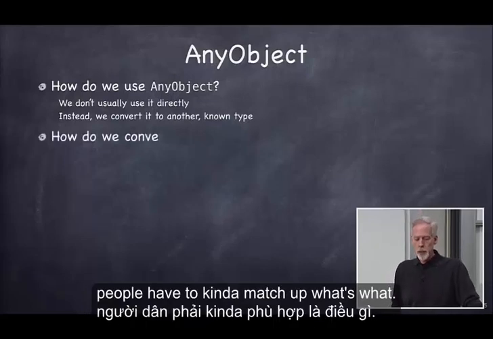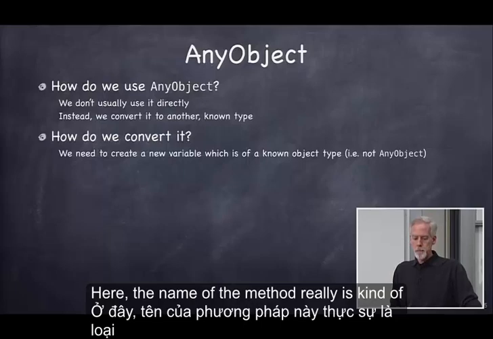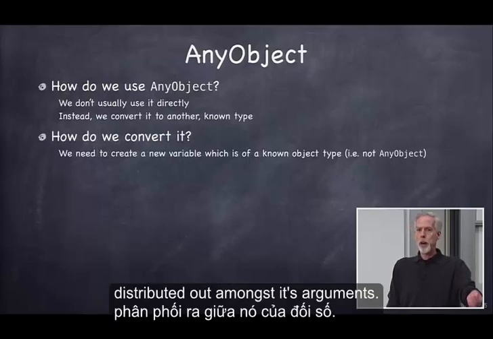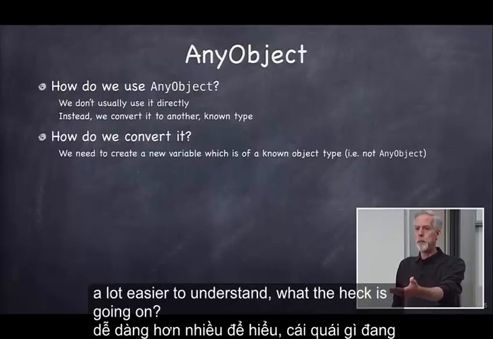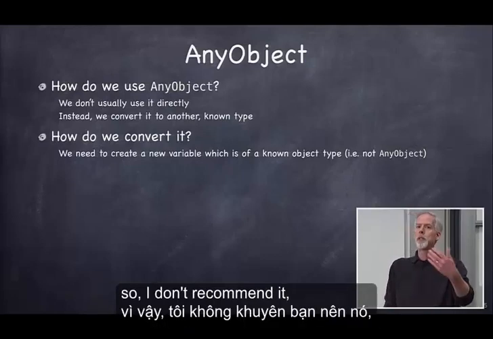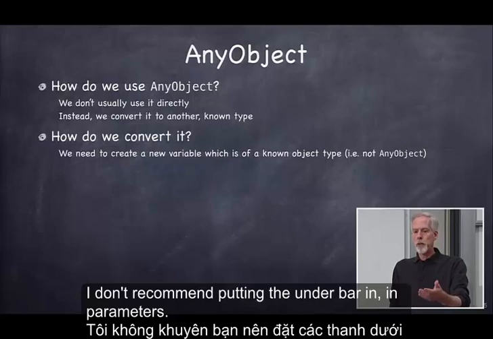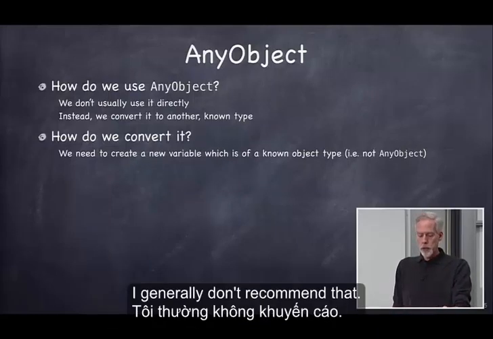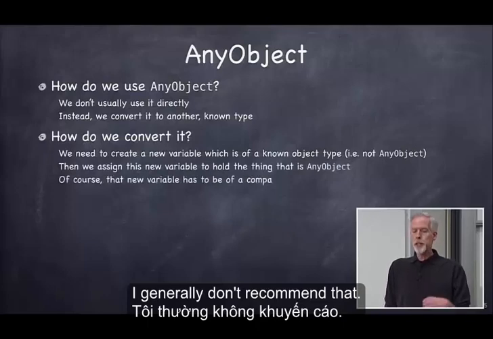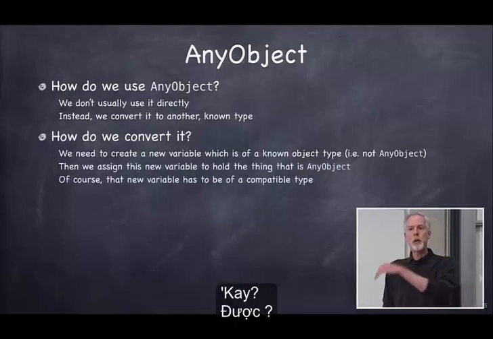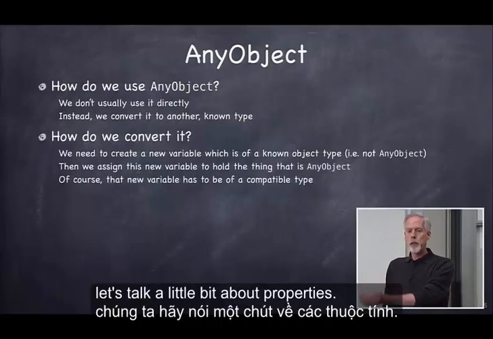We do that by creating a new variable. So we've got some any object, it was an argument to a method, or a local variable, or something like that, and we want to convert it. So we create a new variable of the type we want to convert it to, and we assign this new variable to be equal to that any object converted.